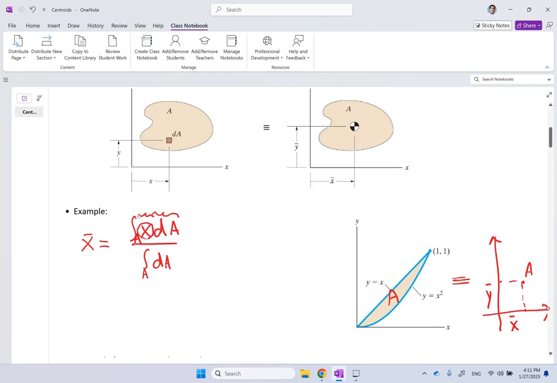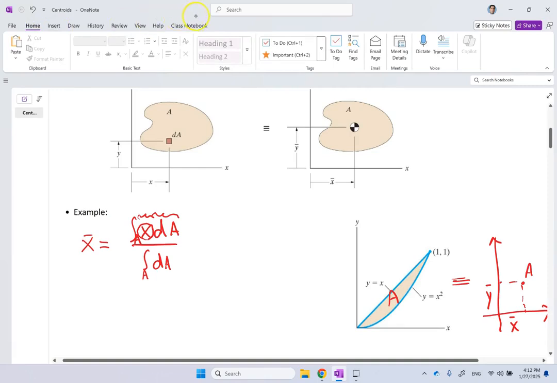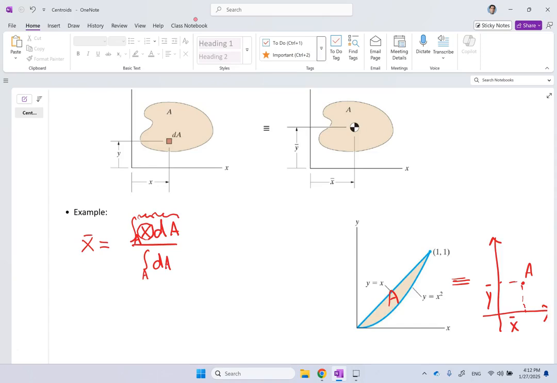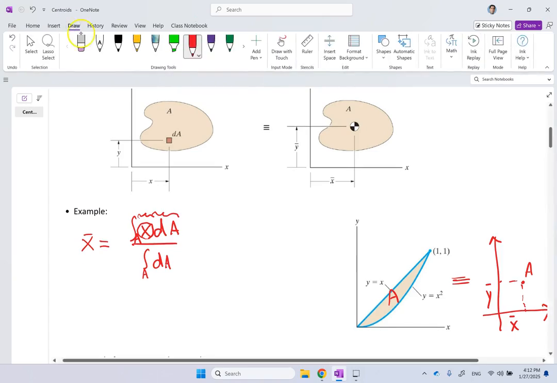So when I calculate this integral, it's good if I can consider an infinitesimal element dA such that the x value of it is constant. If the x value is constant all over this element dA, then I can easily calculate this integral.